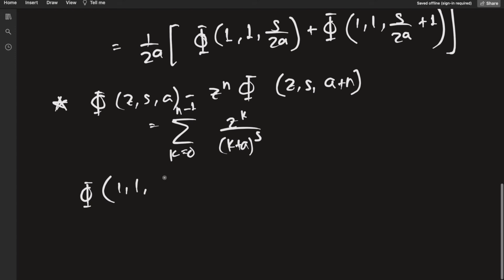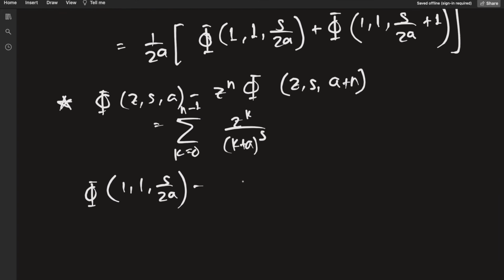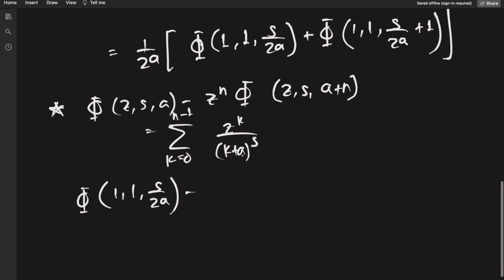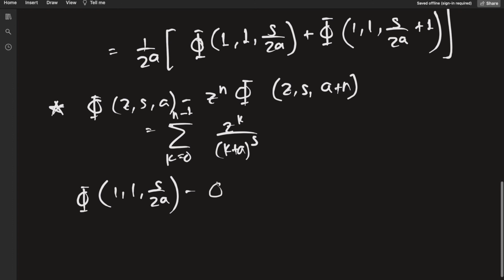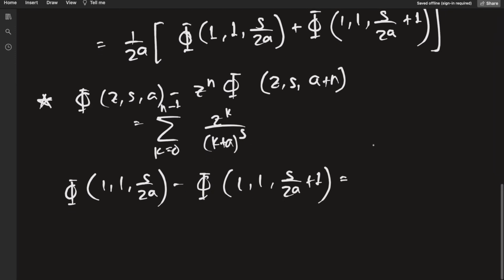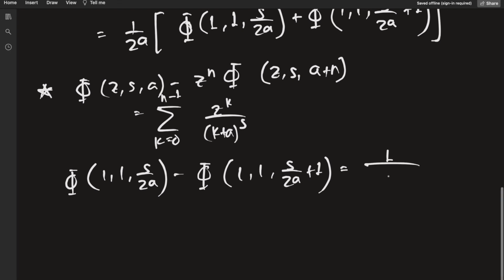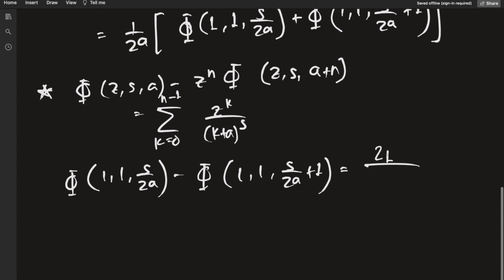Phi of 1, s over 2a minus, well, z is going to be 1, so 1 raised to 1 is 1, phi of 1, s over 2a plus 1 is equal to, for the k equals 0 case, 1 to the 0 because n is 1, 1 over s over 2a, so 2a over s.